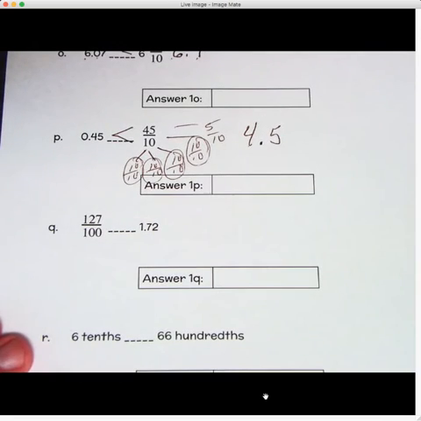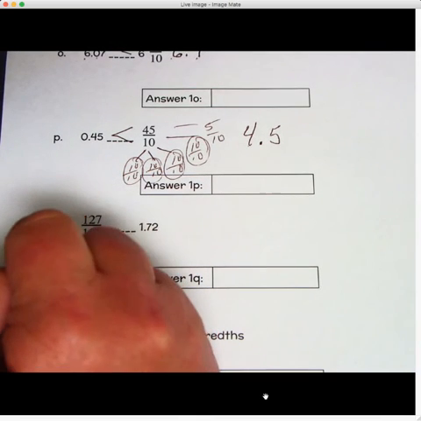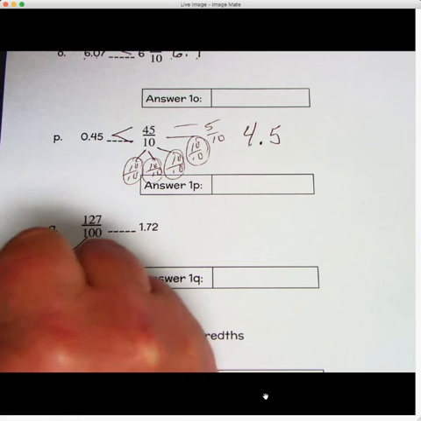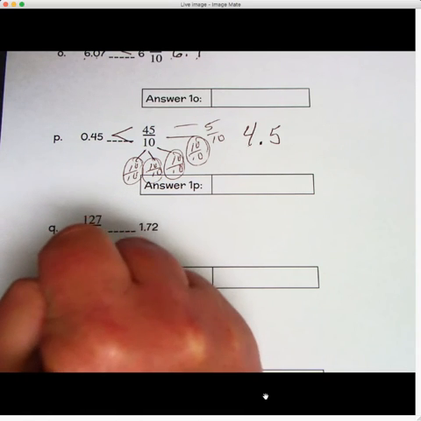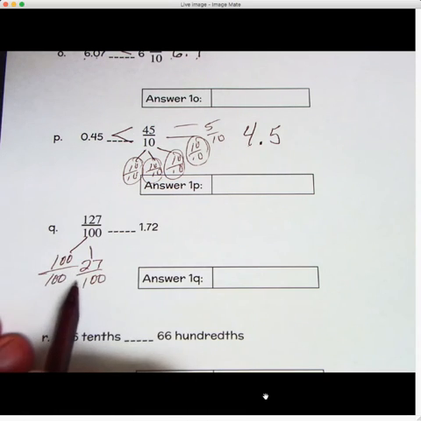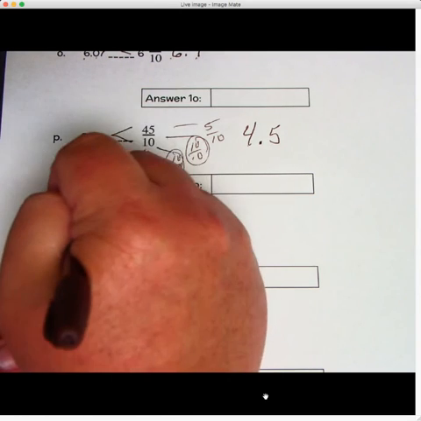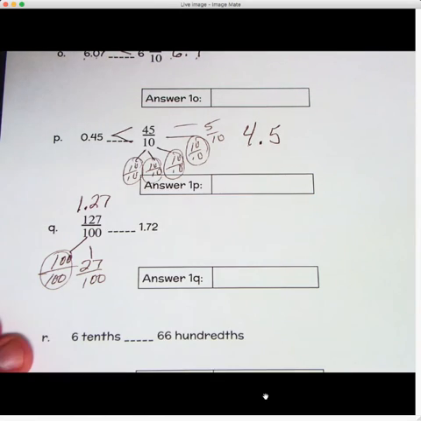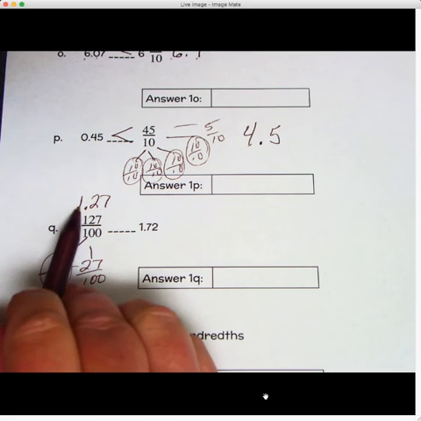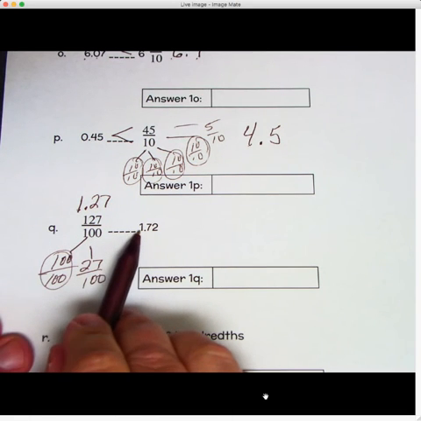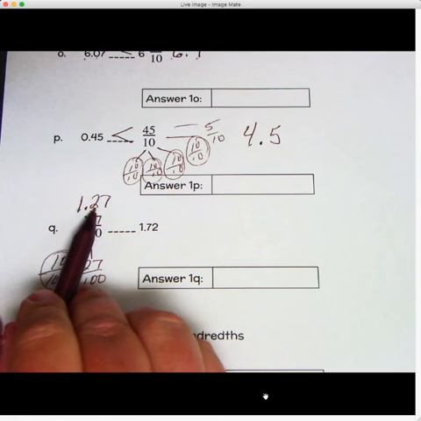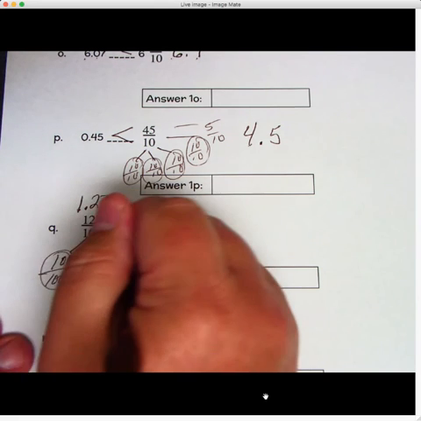Okay, 127 hundredths. That's going to be 100 hundredths and 27 hundredths. Written out, that's going to be a 1 and 27 hundredths, like that. 1 in the ones place, 1 in the ones place, 2 in the tenths place, 7 in the tenths place.